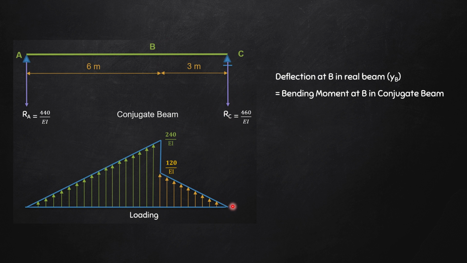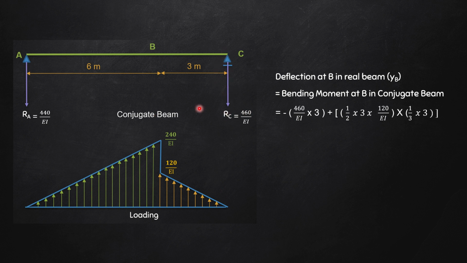Now let me remind you what is the sign convention for bending moment. Right of section, anti-clockwise moment is taken as positive and clockwise moment is taken as negative. So keeping that in mind, let's see one by one the terms. The first term will be minus 460 divided by EI into 3. Why?